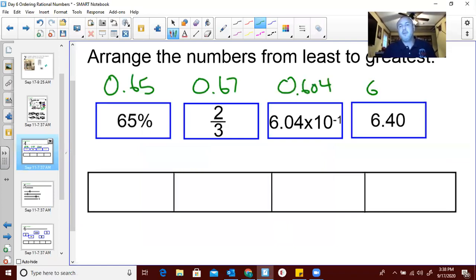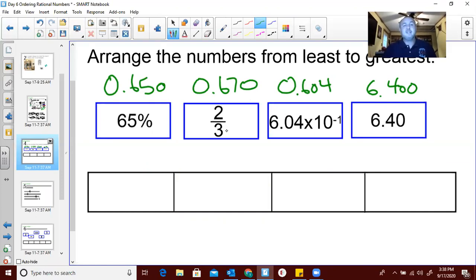And here I have 6.40. I'm going to add another 0 just because I can. Add another 0 here, another 0 here. Excuse me. Because it makes all the numbers look similar. And you notice there's a lot of 6s and 4s and 0s going on here. So I kind of want them all to be similar so that way I have equal ground to work with.